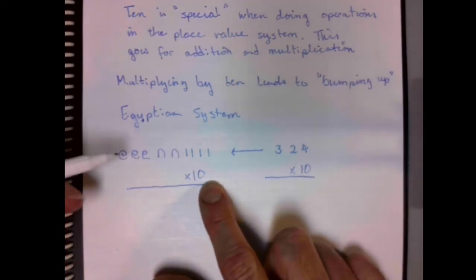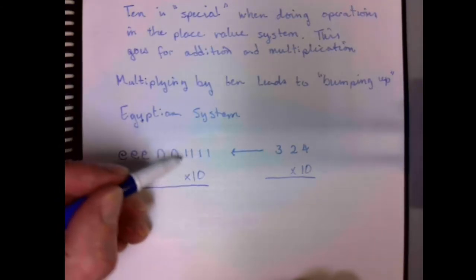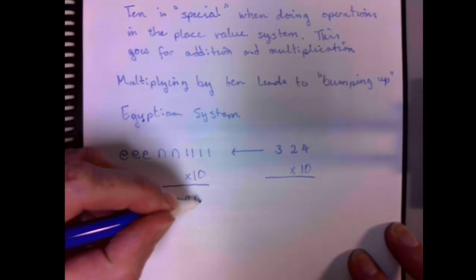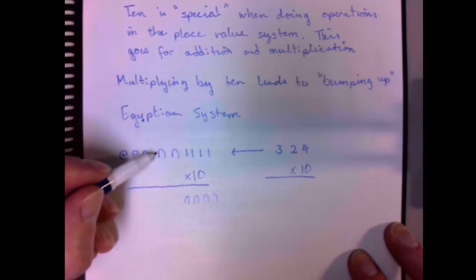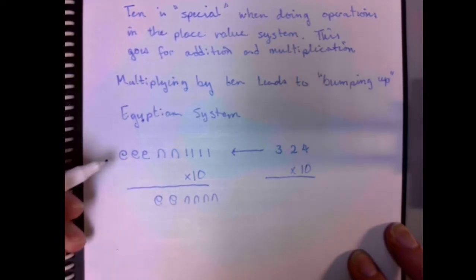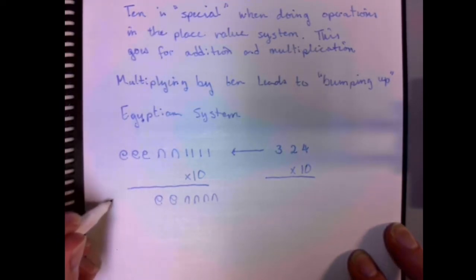Now I'm going to multiply that by 10. Our 4 ones would become 4 tens. Our 2 tens would become 2 hundreds. And our 300s would become 3,000s.